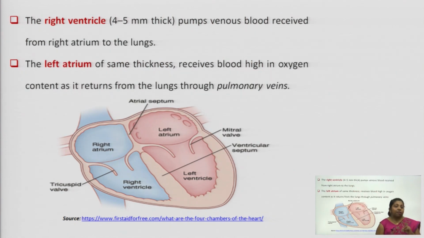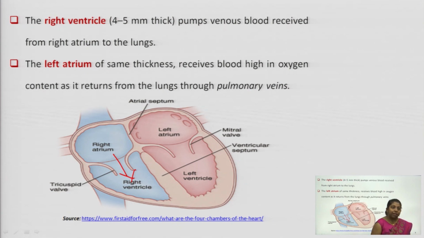Fine. Next, once your blood enters the right atrium, further it has to move down. So from the right atrium it will enter the right ventricle. Right ventricle is slightly thicker as compared to your right atrium.